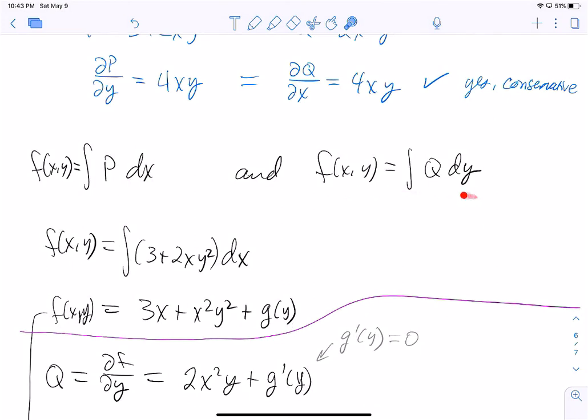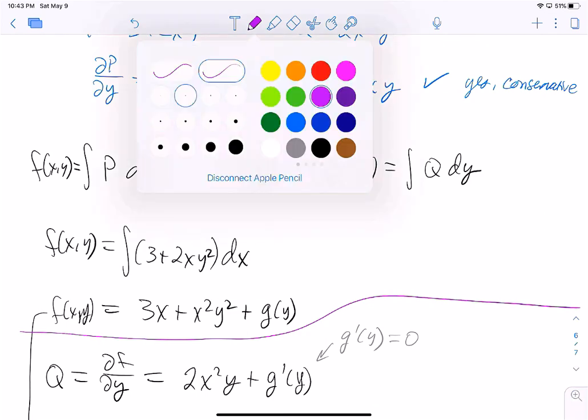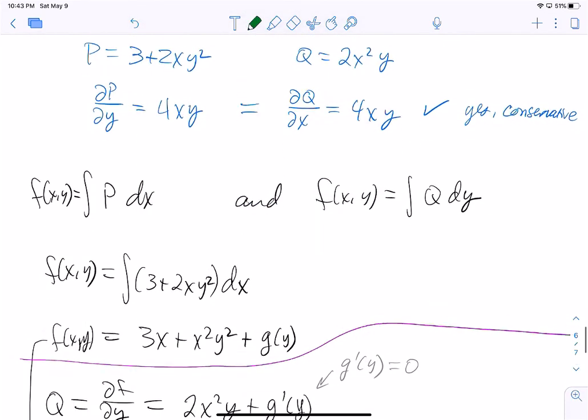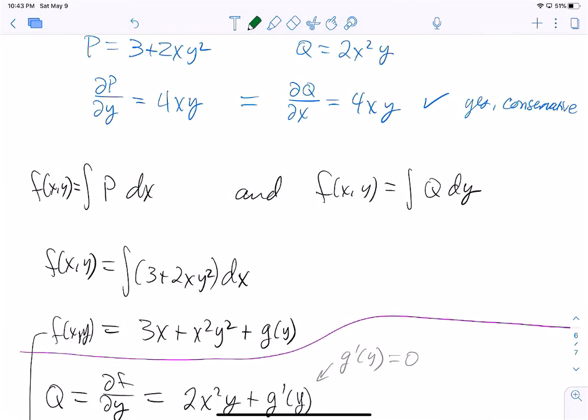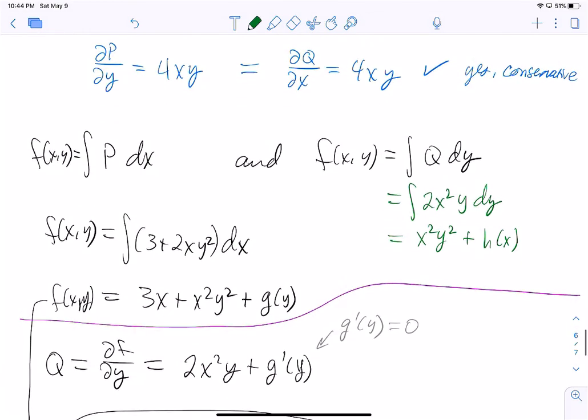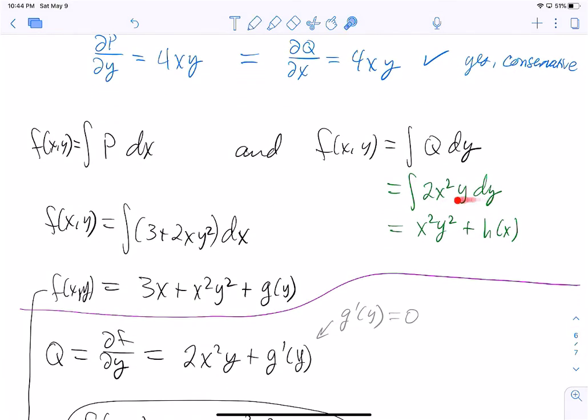Then we go to this other one, the integral of Q dy. Now, since Q is equal to 2x squared y, we are looking at f of x, y is equal to the integral of 2x squared y dy. And that gives us x squared y squared plus some function h of x. You see, we again partially integrated, but this time with respect to y.